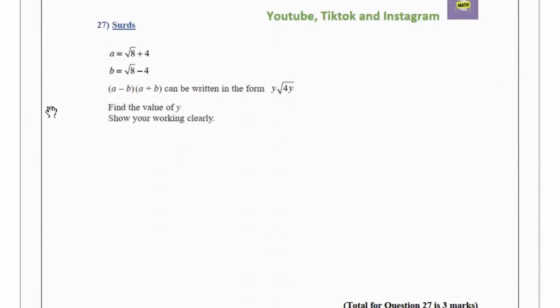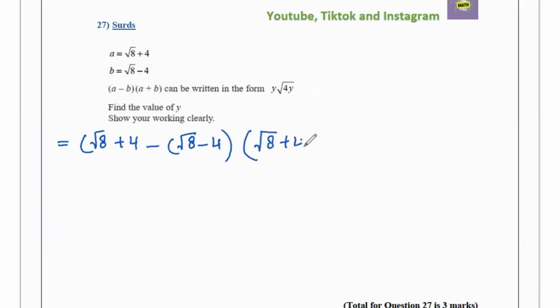Then surds. It says that a equals root 8 plus 4 and b equals root 8 minus 4. a minus b times a plus b can be written in the form of y root 8. Find the value of y. So let's replace a and b with their values. So it's root 8 plus 4 minus root 8 minus 4, bracket, root 8 plus 4 plus root 8 minus 4.